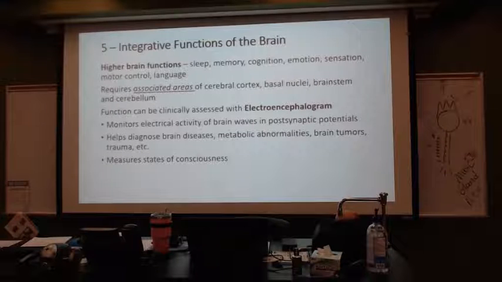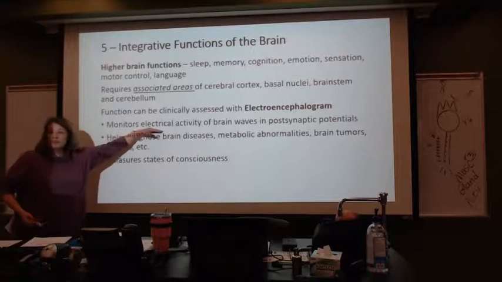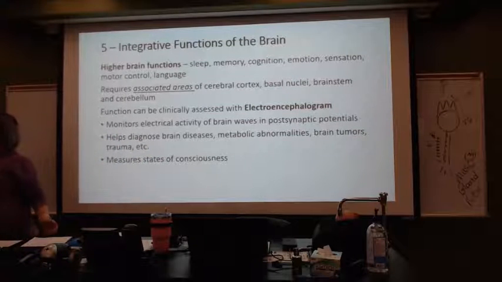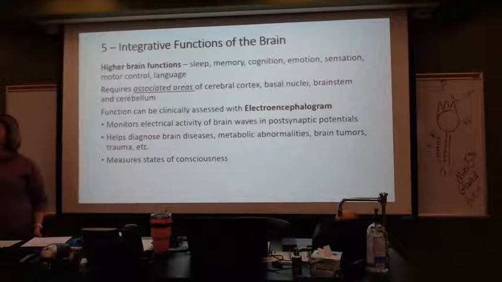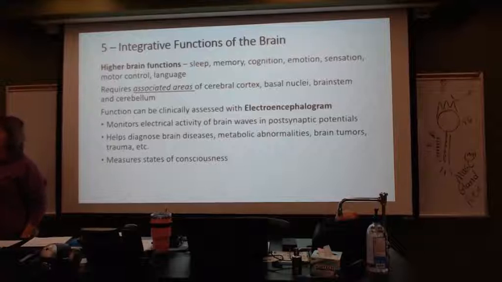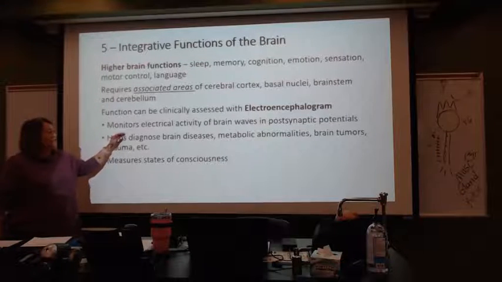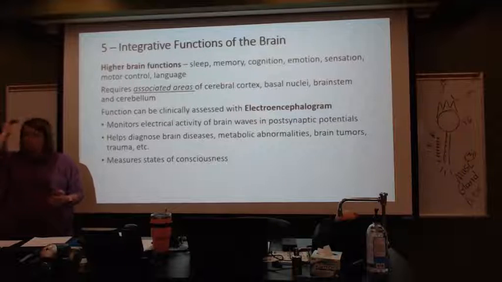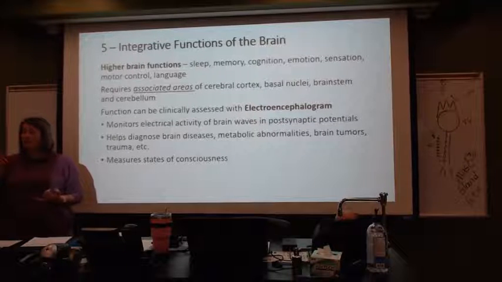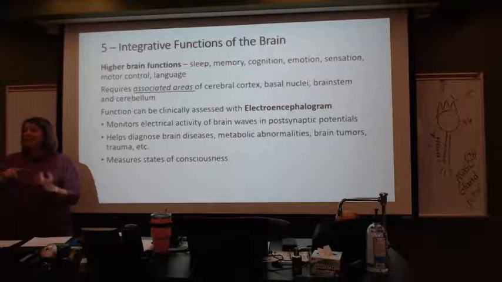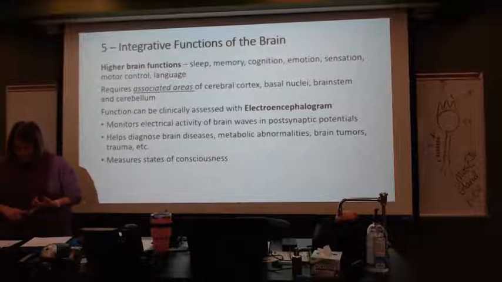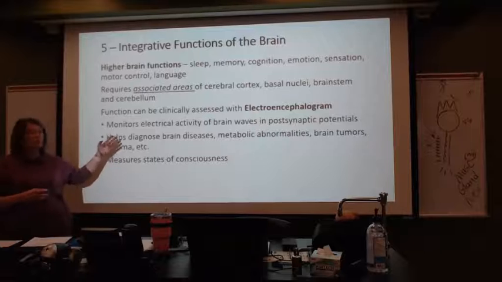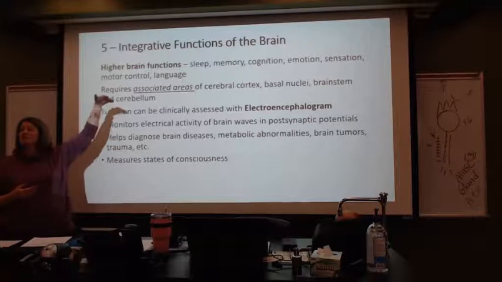So it will let us know because the machine does this, okay? It collects information in the form of waves, all right? Those waves should be at certain portions of the brain. They should be a normal height, either present or not, okay? And they let us know if the brain activity is normal.